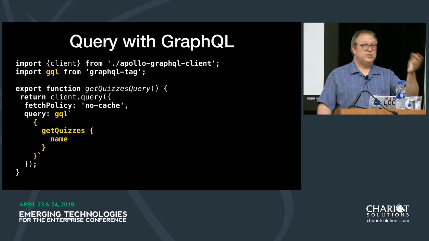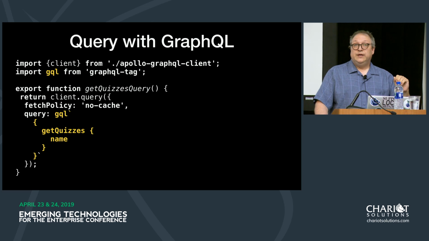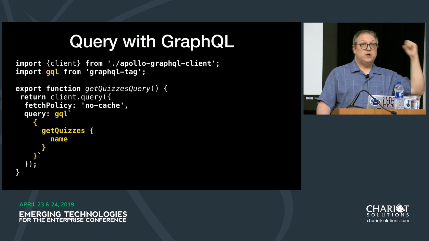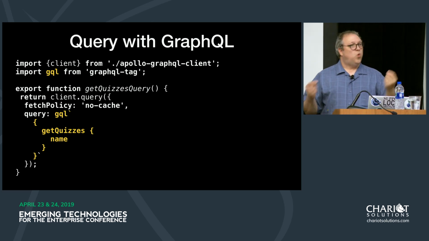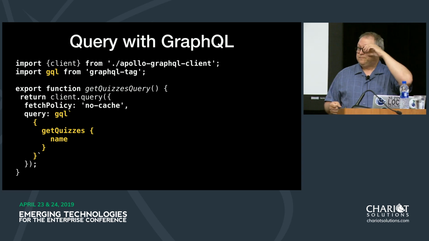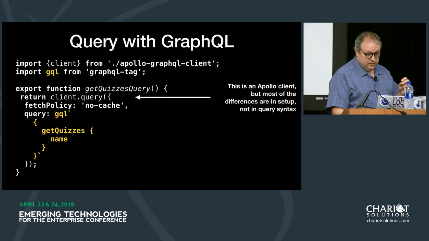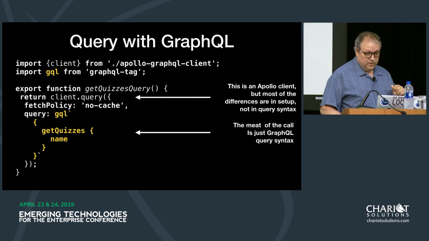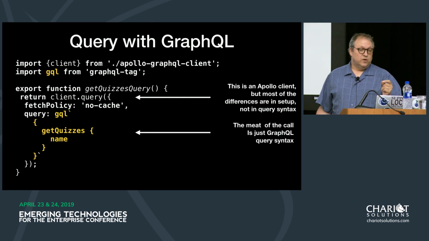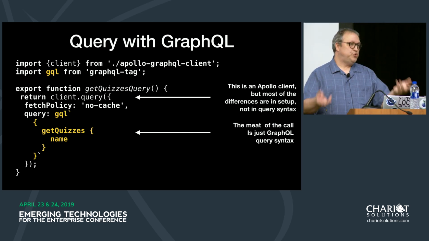And then, since it didn't have any parameters, it's going to say, okay, I'm going to bring you back all the quizzes. And then you have to pick out what you want out of that collection. In that collection, we have a property called name and other properties as well, and things like the questions that they have.